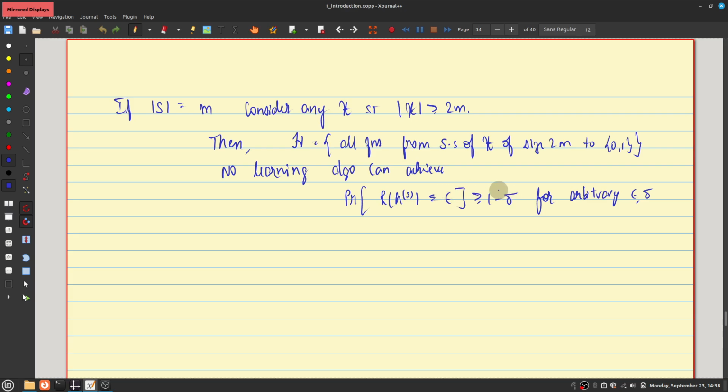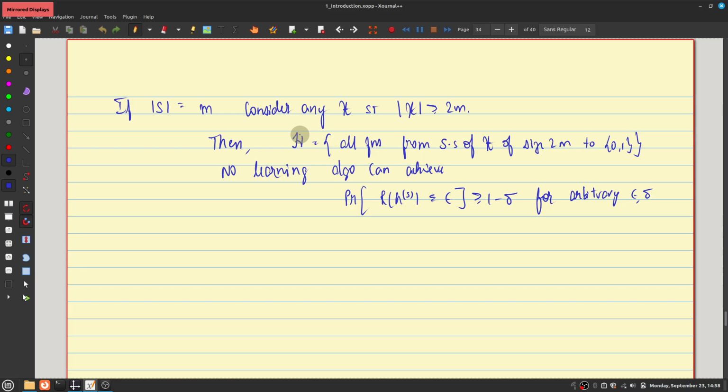Right? So in other words, the number of samples has to be at least half of the size of the domain if the hypothesis set is the set of all functions from the domain to 0, 1.